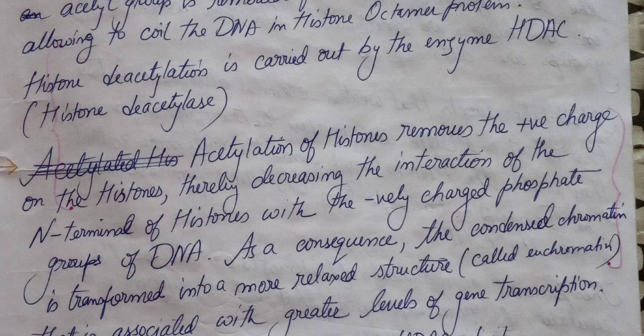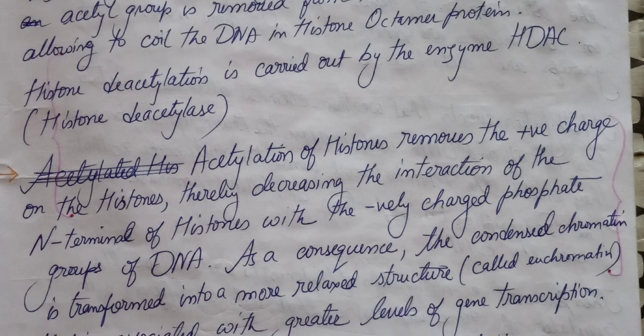When histones are acetylated, the positive charge of the histones, which is found in the tail due to the presence of lysine and arginine positively charged amino acid residues, gets reduced, so the interaction of the N-terminal tail with the negatively charged phosphate group will be decreased.